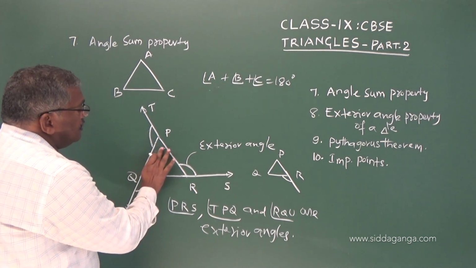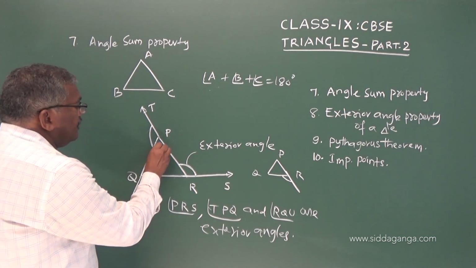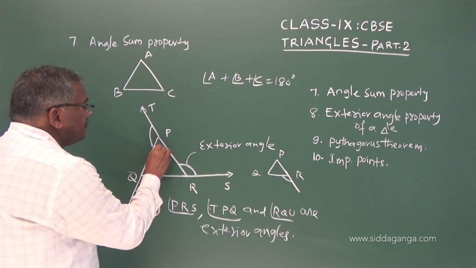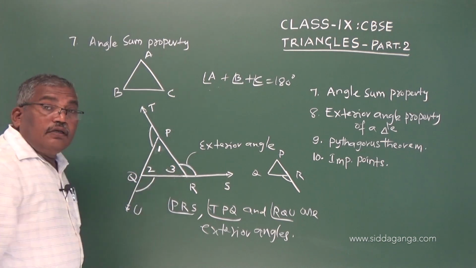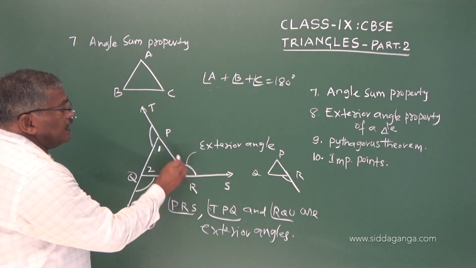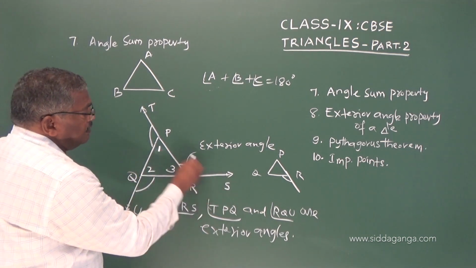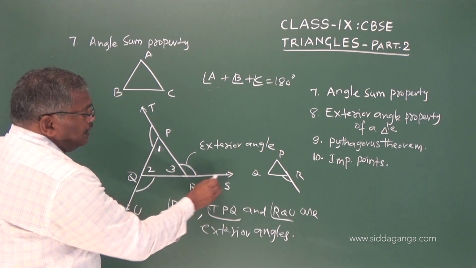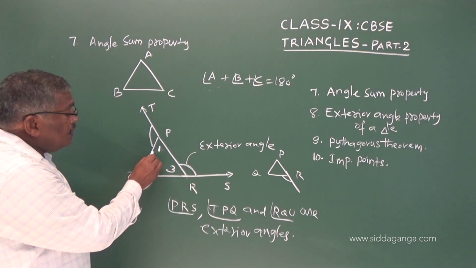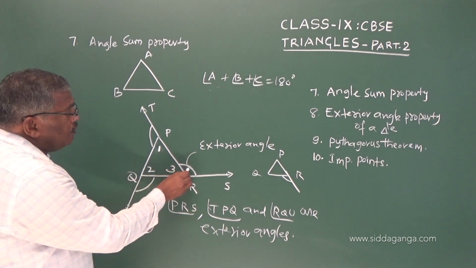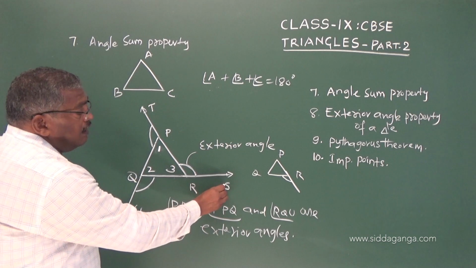I will call this as 1, this as 2, this as 3. Now you observe, for this angle PRS, the interior opposite angles are 1 and 2. The sum of 1 and 2 will be equal to the exterior angle PRS.